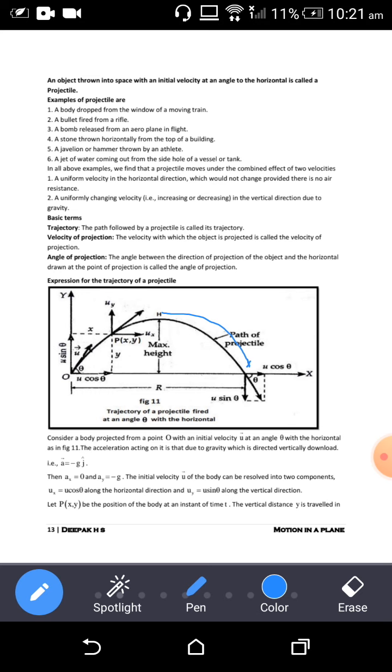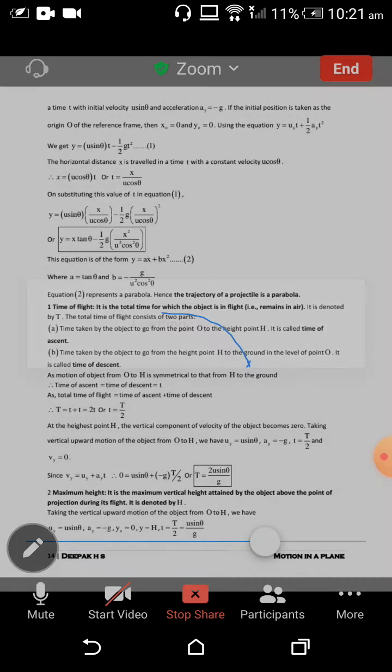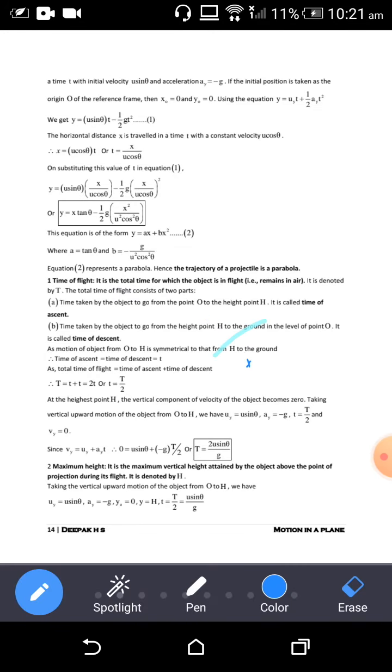That is taken as time of descent. Time of ascent and time of descent give the time of flight. As the motion of the object from O to H is symmetrical to that of the descent, we can consider that time of ascent is equal to time of descent, which is small t.